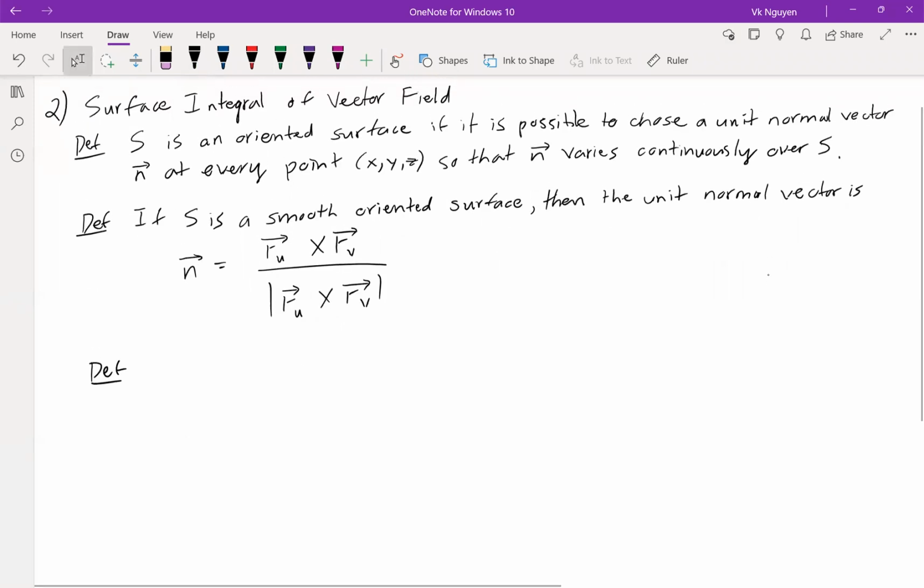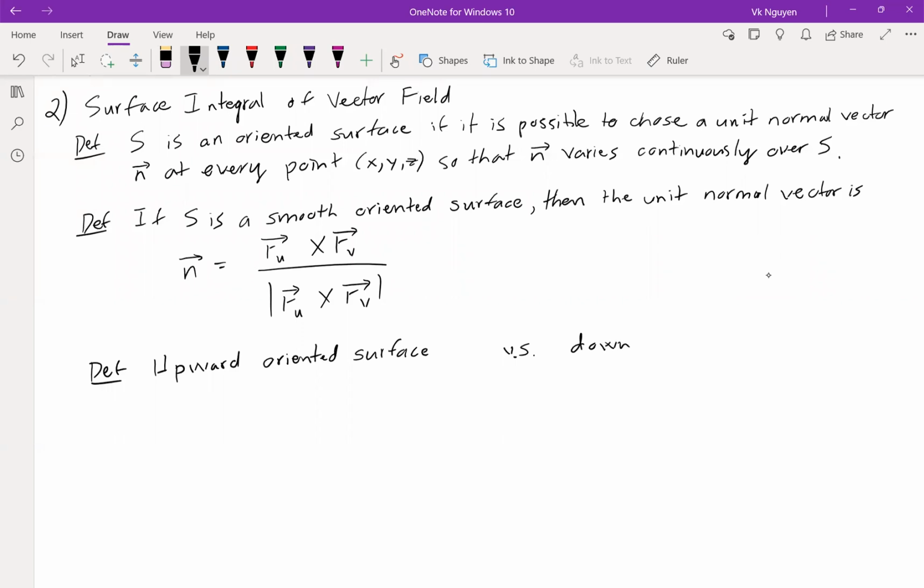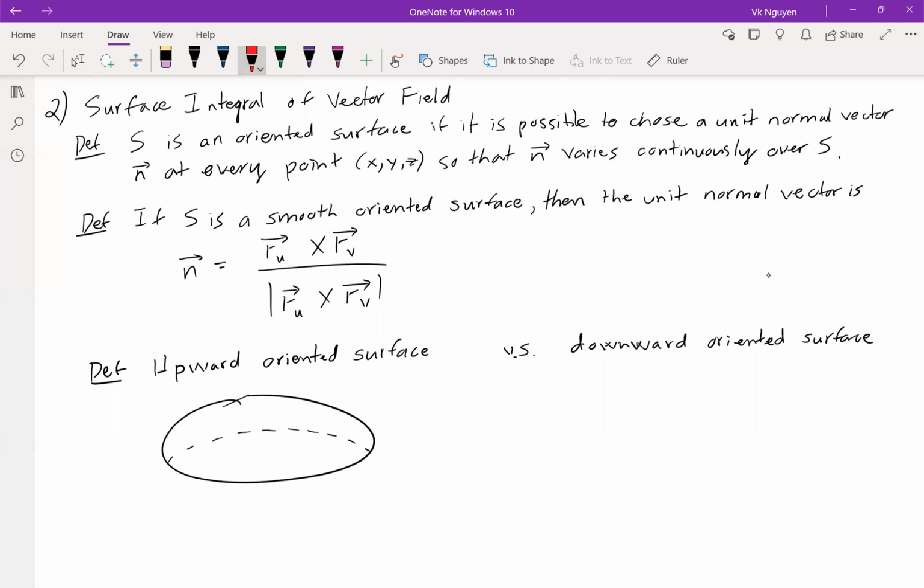Now, here we have two of them. We have an upward oriented surface and a downward oriented surface. Upward oriented means that the normal vector is pointing up. So here comes a surface, and these are the normal vectors.